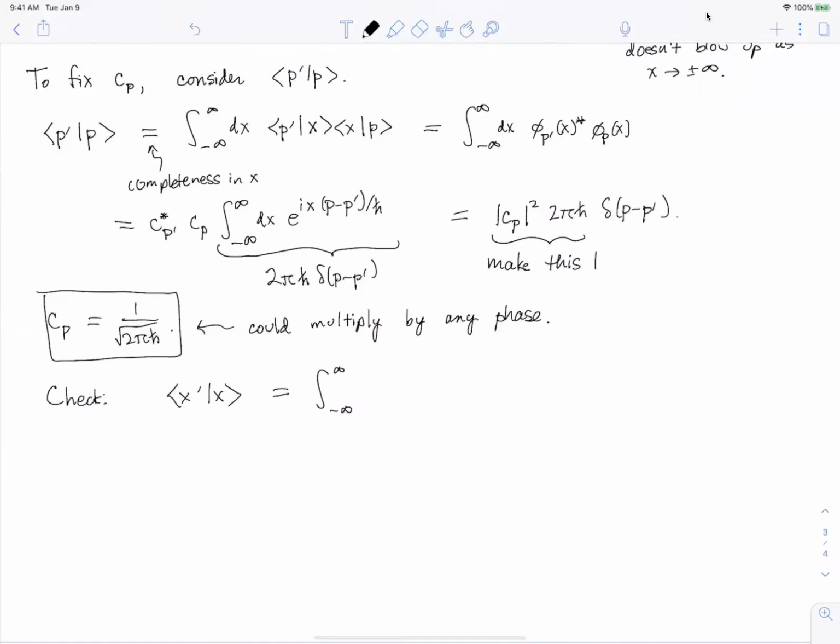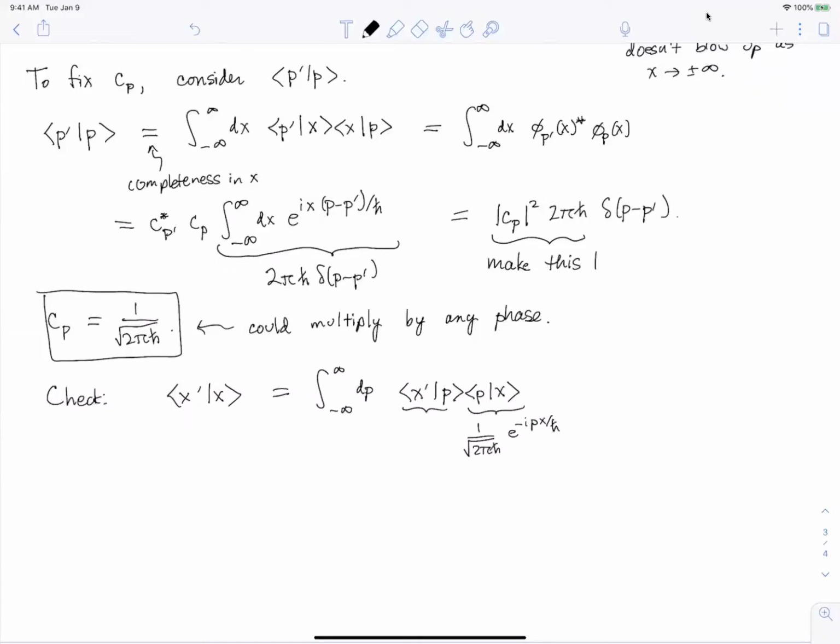The integral from minus infinity to infinity dp of <x prime|p><p|x>, right? And now this is equal to 1 over the square root of 2 pi h bar e to the minus i px over h bar, according to what we just learned. And similarly for that.